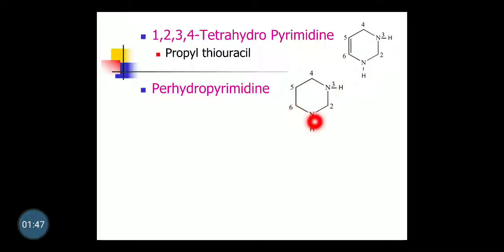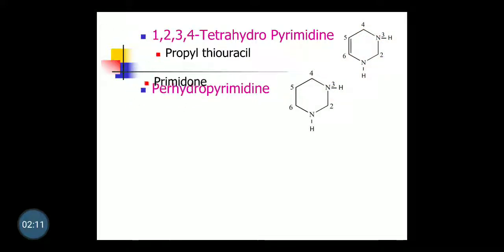So it becomes completely saturated. We had removed the unsaturation, means we had removed all the double bonds. Now it becomes completely saturated, and that we call perhydropyrimidine. Okay, tetrahydropyrimidine, perhydropyrimidine. Perhydro means all double bonds get removed, and in tetrahydropyrimidine 2 double bonds are removed.